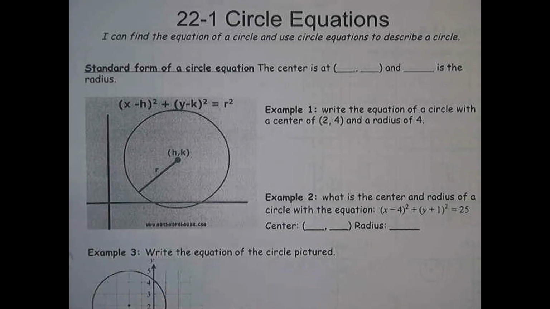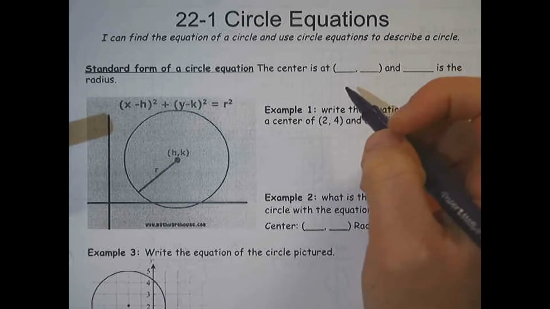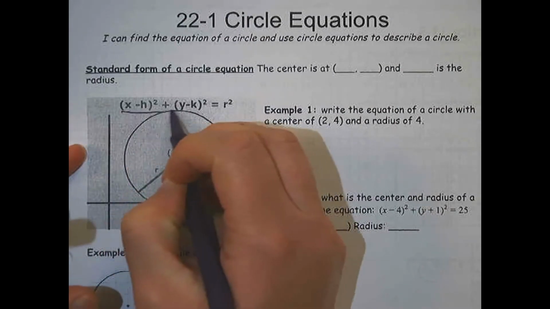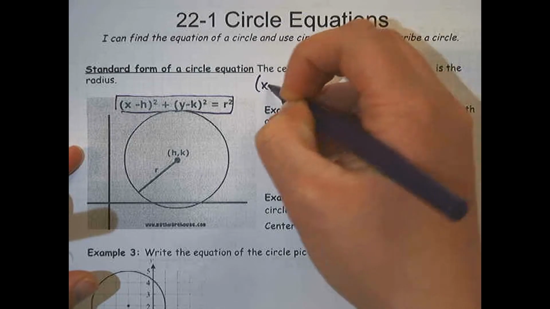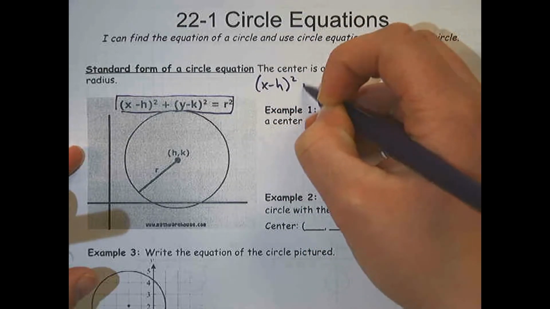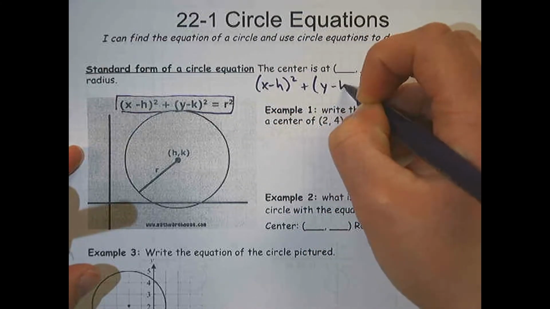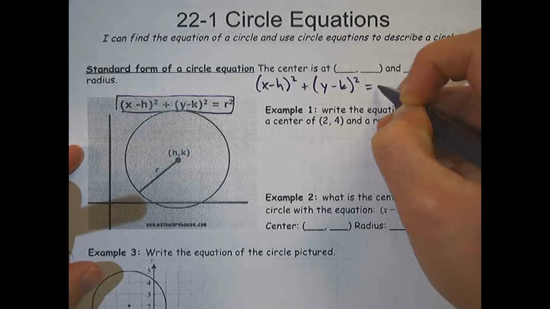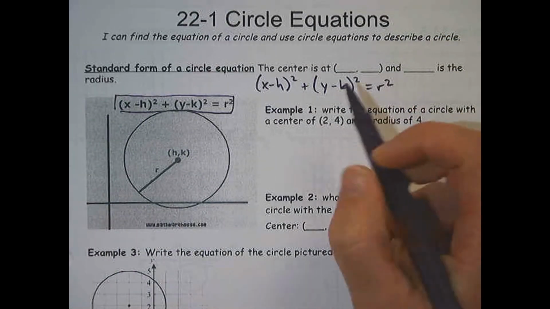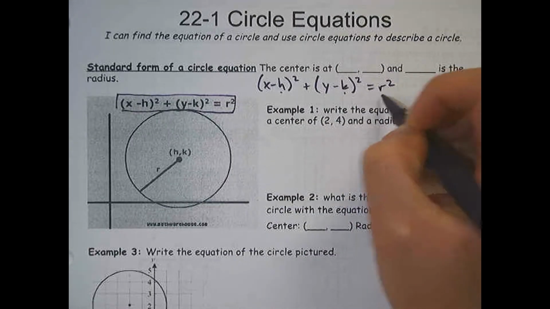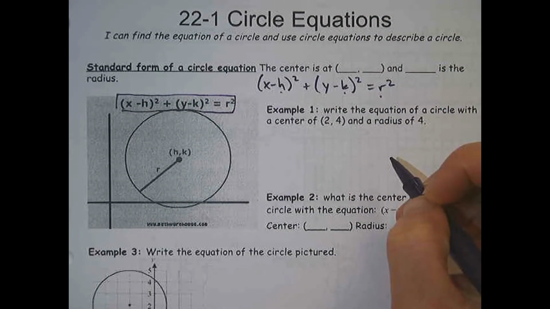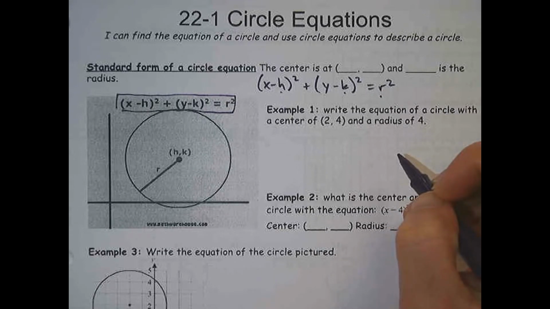So our standard form is this equation right here. It's (x minus h) squared plus (y minus k) squared equals r squared. And these different letters, h, k, and r, will be represented by numbers that have to do with your circle.